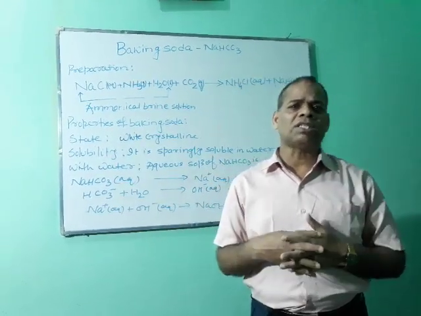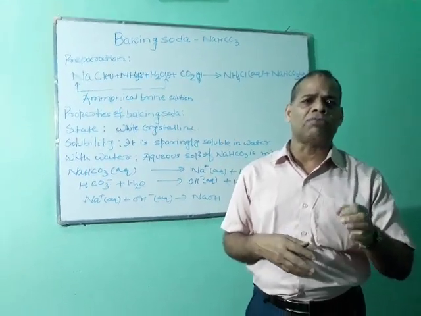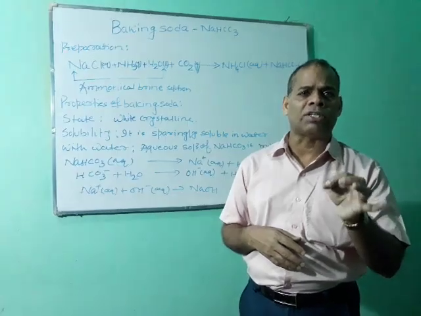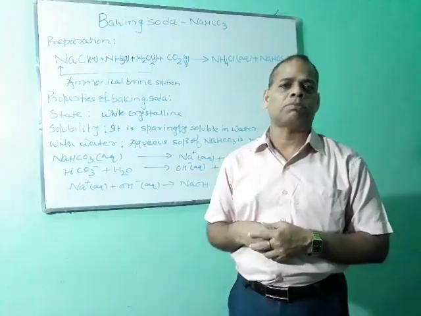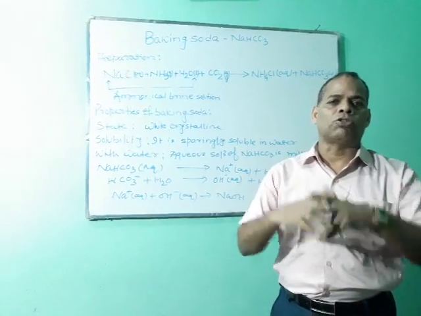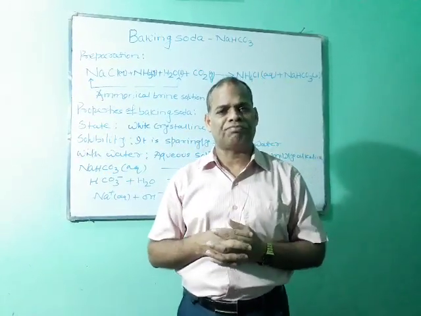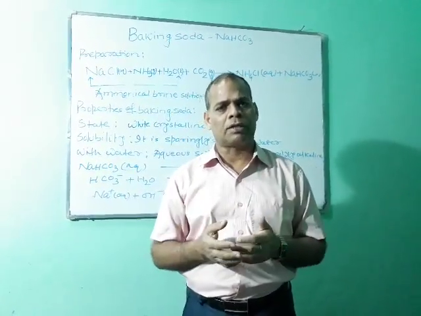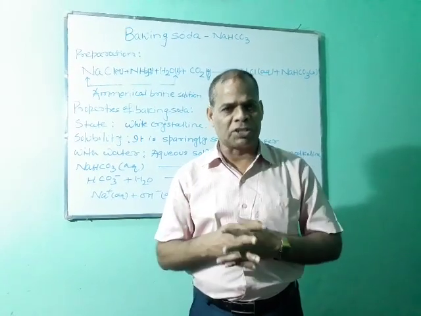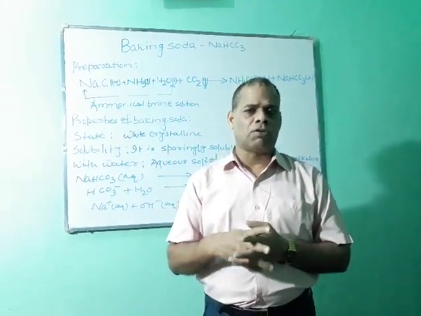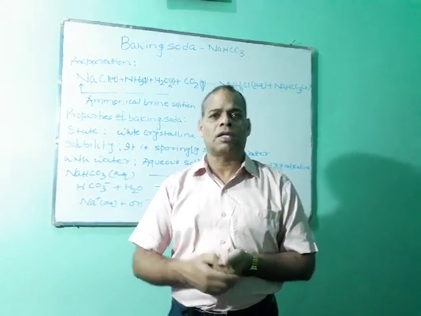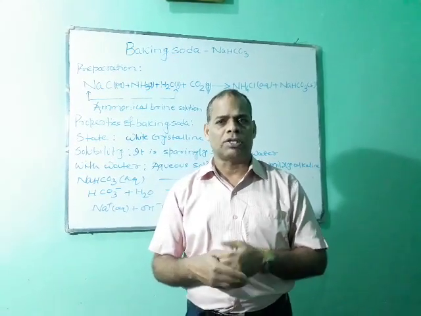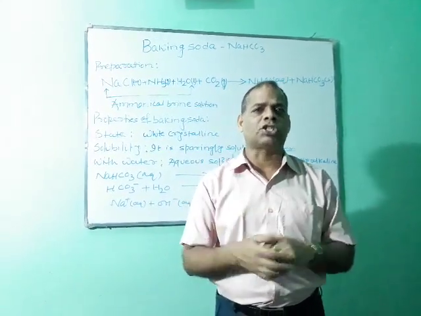See, all these compounds are really very important in our day-to-day life. So obviously we should know more about it: how to prepare, what are the properties. So we extend our learning and discussion regarding this.